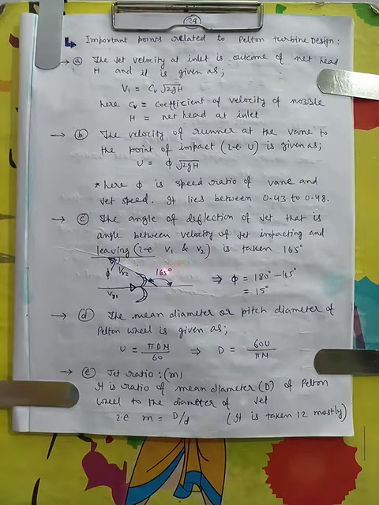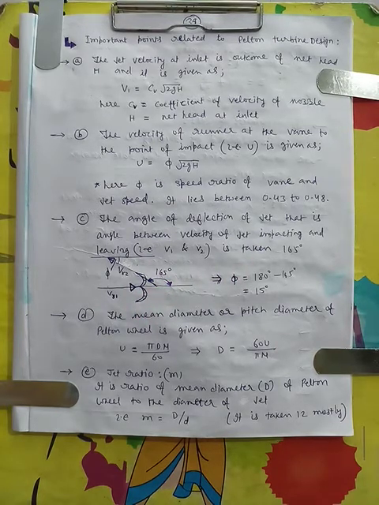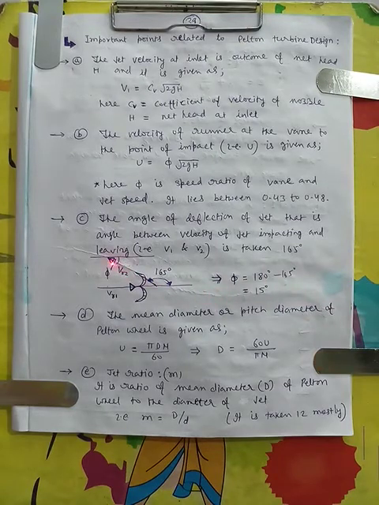So you take relative velocity for the angle of deflection. If it is 165, then phi will be 180 minus 165. Phi can be calculated.